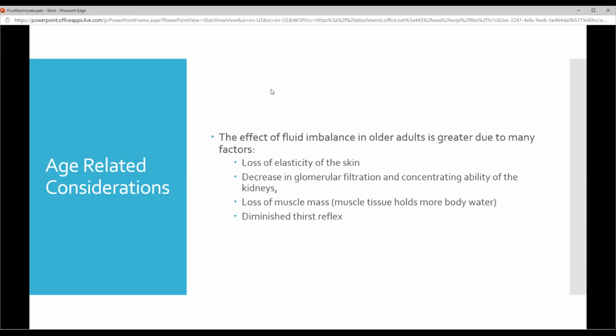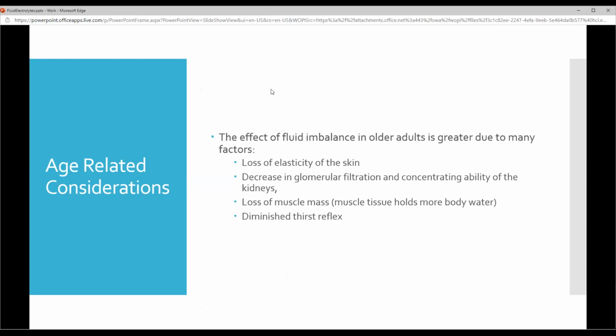Age-related concerns. So remember, older adults and babies, of course, are going to be at higher risk for fluid and electrolyte imbalance. Some of the reasons why: older people have a loss of elasticity, their skin is thin, it's easier for fluids to escape. Their kidneys have slowed down because they're just old.